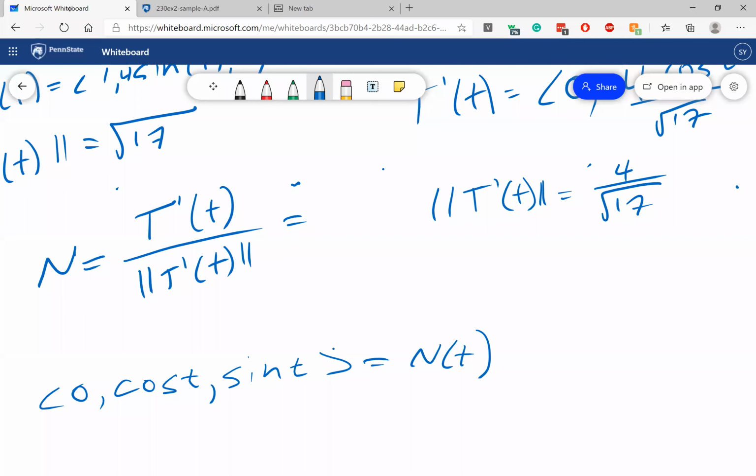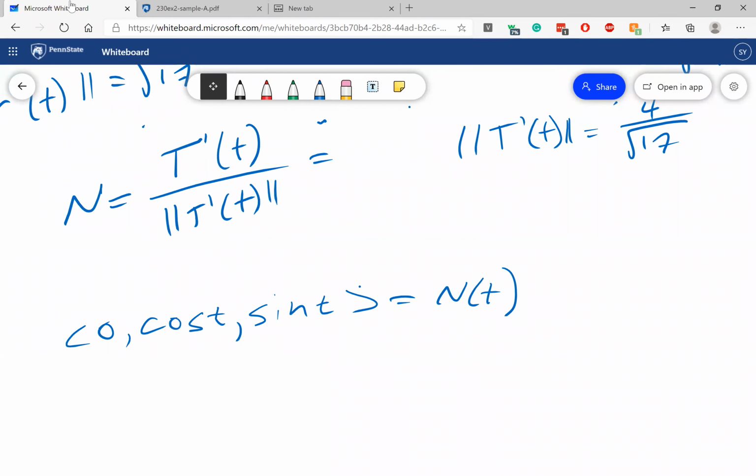Yeah, in the solution, when they told us to find N of pi, the solution said it's 0, 1, 0, but I think it should have been 0, minus 1, 0. Oh, okay.